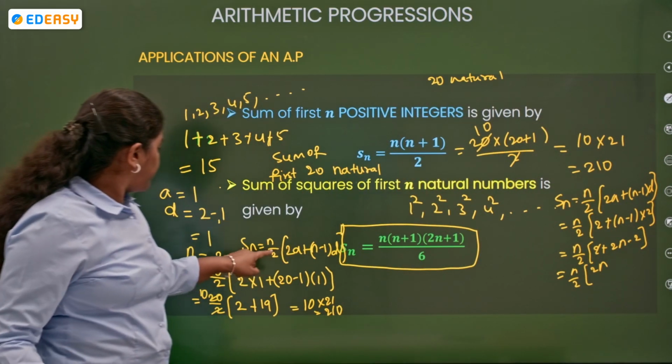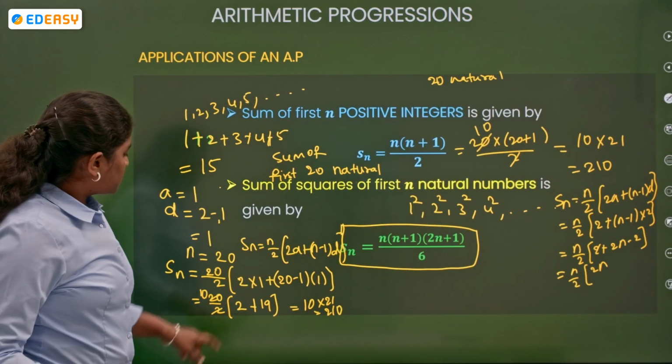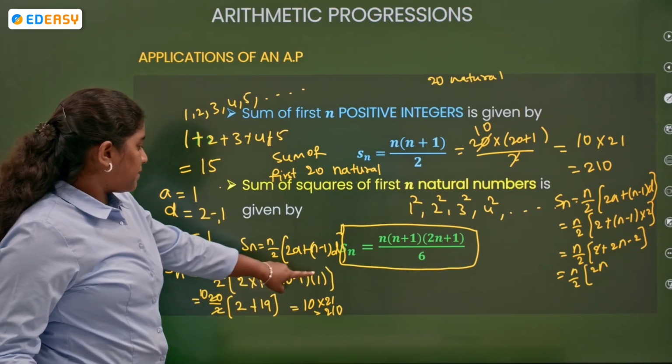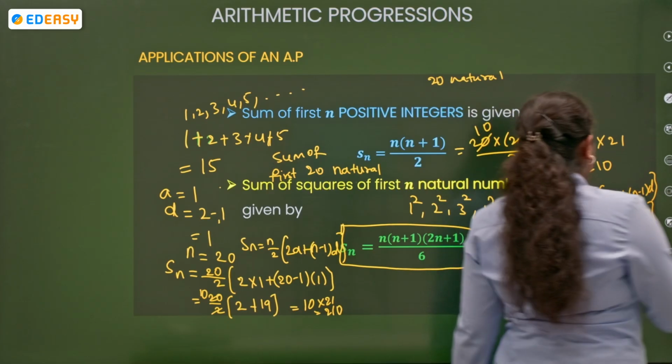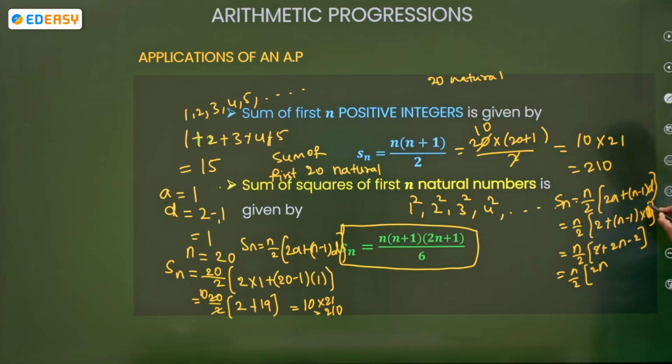So 2a means 2 into 1, right? So 2 into 1 plus n minus 1 into d, and d is 1 here, so it becomes n minus 1. Now 2 minus 1 will give you 1, so n plus 1.